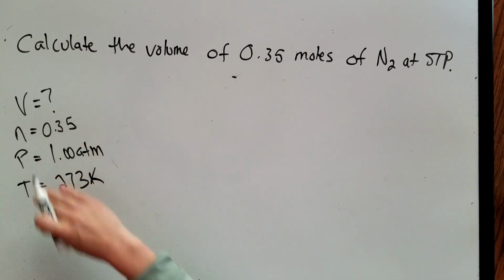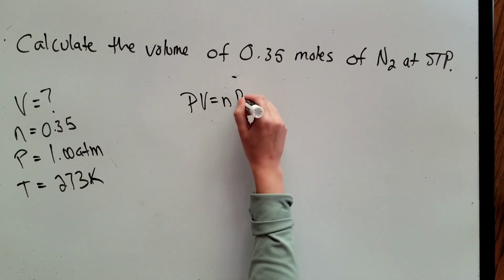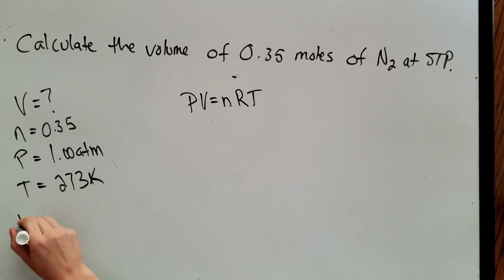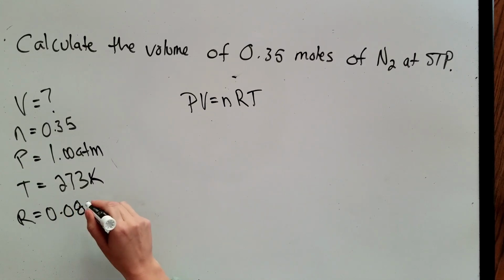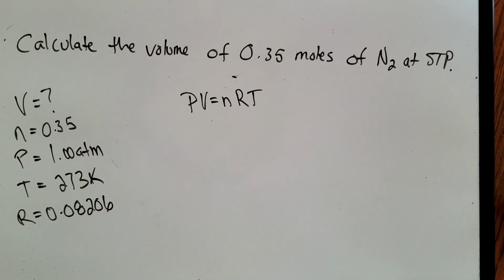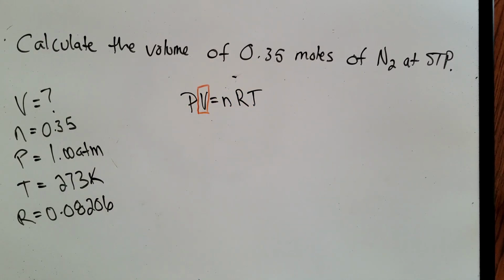So I have just one of each variable, so we're using PV equals nRT again. So we need that R value, that constant. And this time, we're solving for volume. So we want the V by itself.